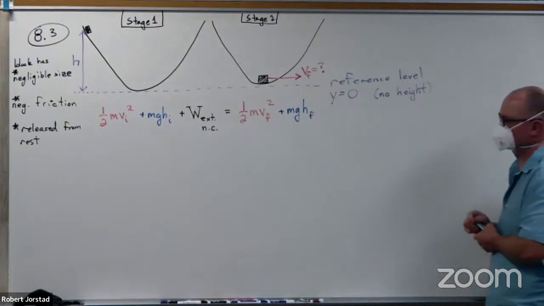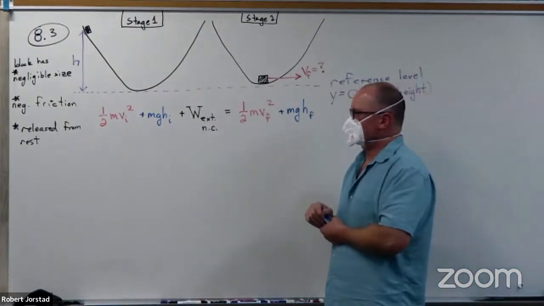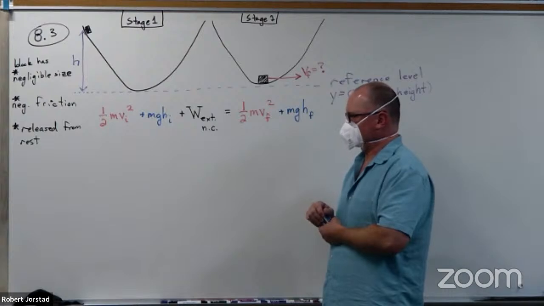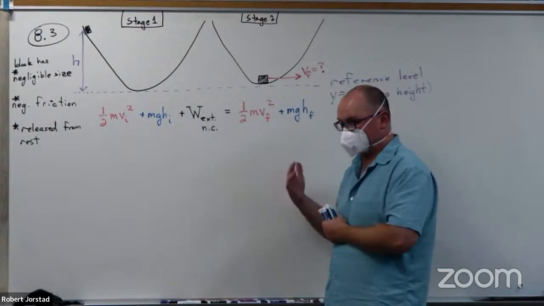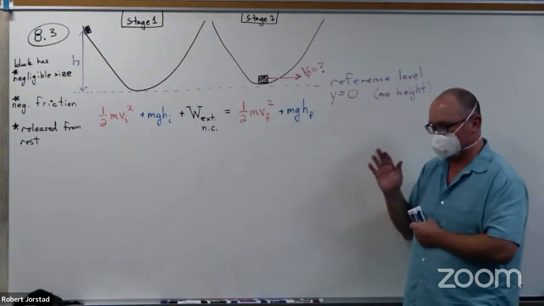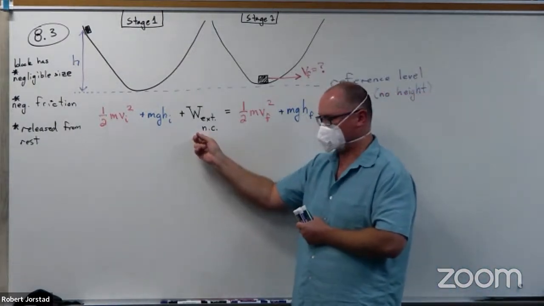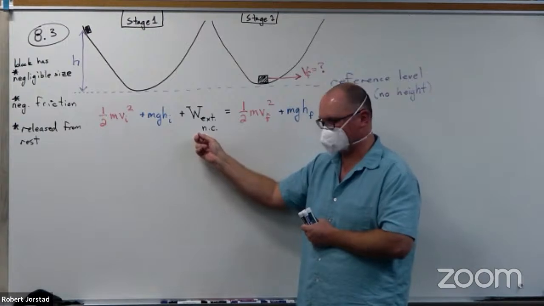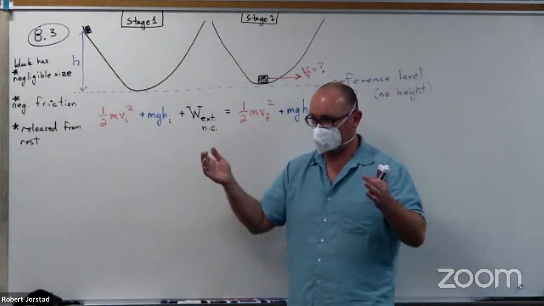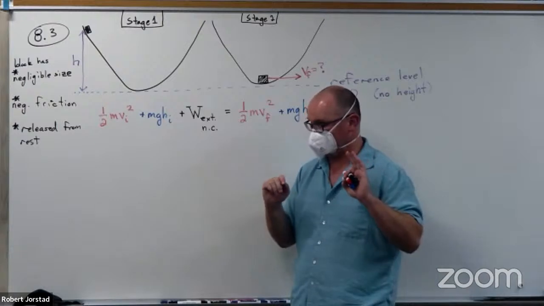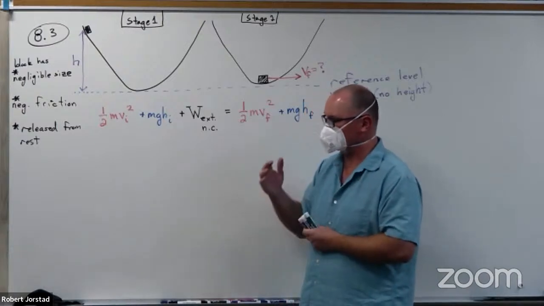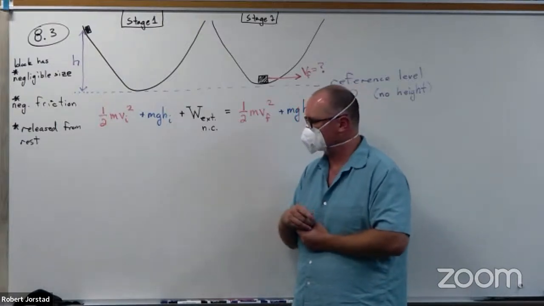Now, there's something that students want to just skip over, but I'm not going to let us do that. I'm going to do this the right way. Before we go on, I like to talk about the work. In particular, let's check if it's 0 before we assume it's 0. Is there going to be any work done by friction?